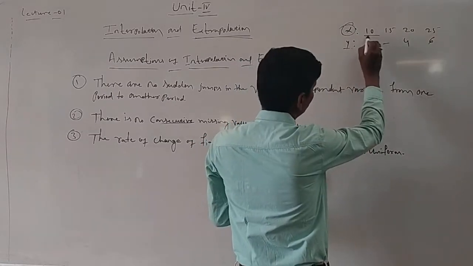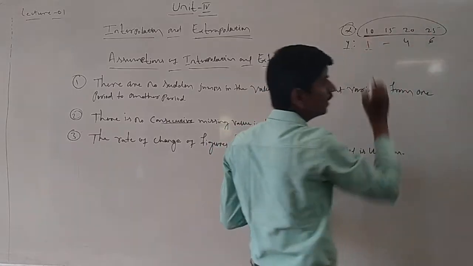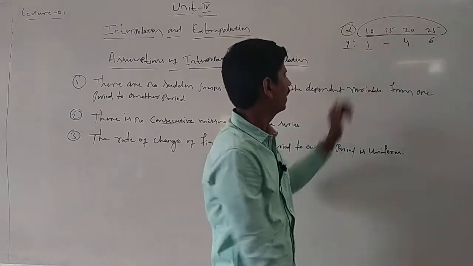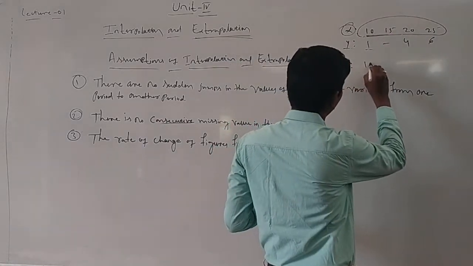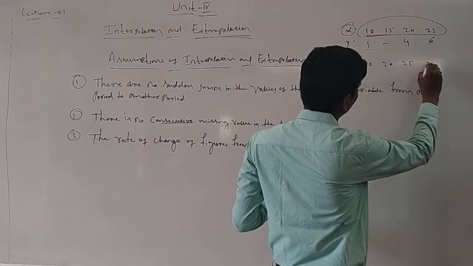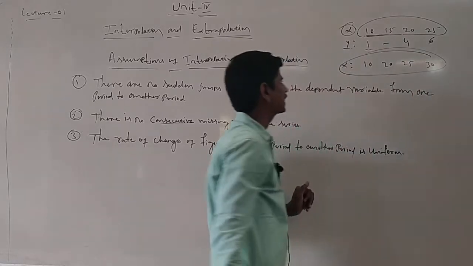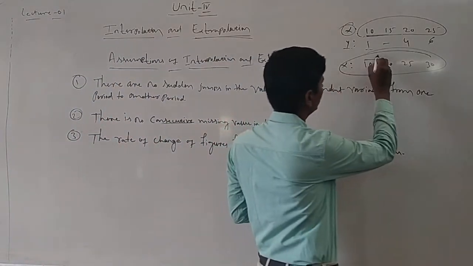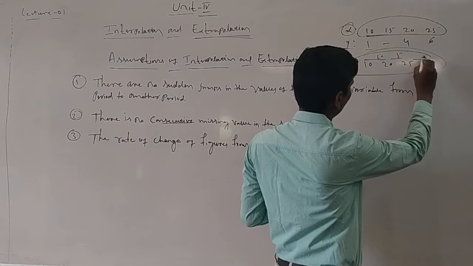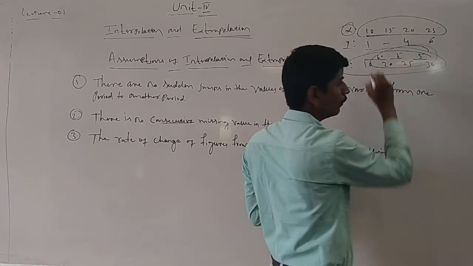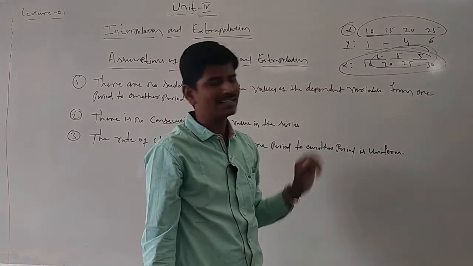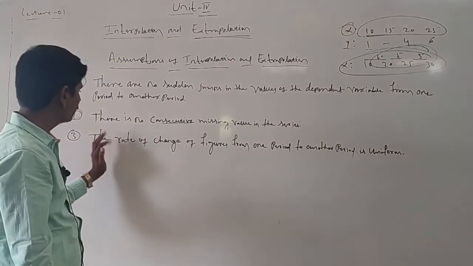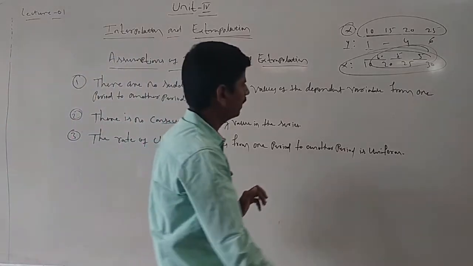See here, the width of the x values should be equal, like 10, 15, 20, 25. Otherwise, suppose it is 10, 20, 25, 30, it will not satisfy the third assumption. Here the width between 10 and 20 is 10, the next width is 5, and the next is 5. The widths of the x variables are not equal, so it does not satisfy the assumption.